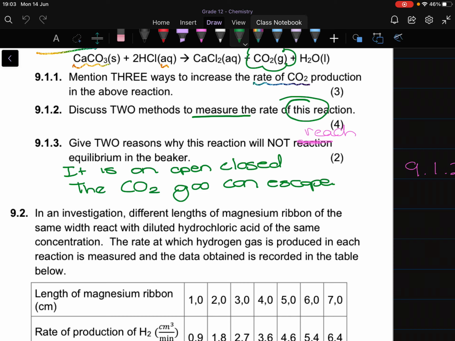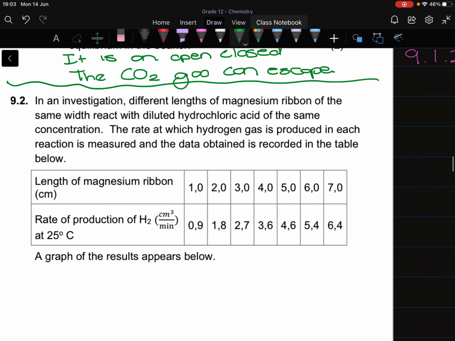They say, in an investigation, so this is now a different question. It's 9.2. In an investigation, different lengths of magnesium ribbon of the same width react with dilute hydrochloric acid of the same concentration. The rate at which hydrogen gas is produced in each reaction is measured, and the data recorded in the table below.